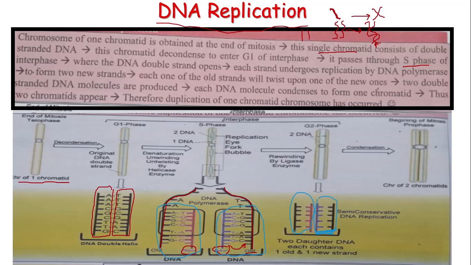And also this chromatid is made up of an old strand and a new strand. Then it undergoes condensation at the end of interphase. يصير في عندي condensation لحتى يصير في عندي chromosome made up of two chromatids.